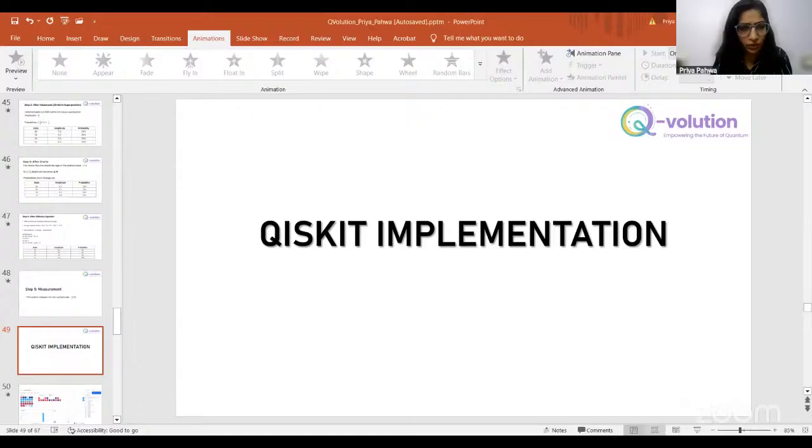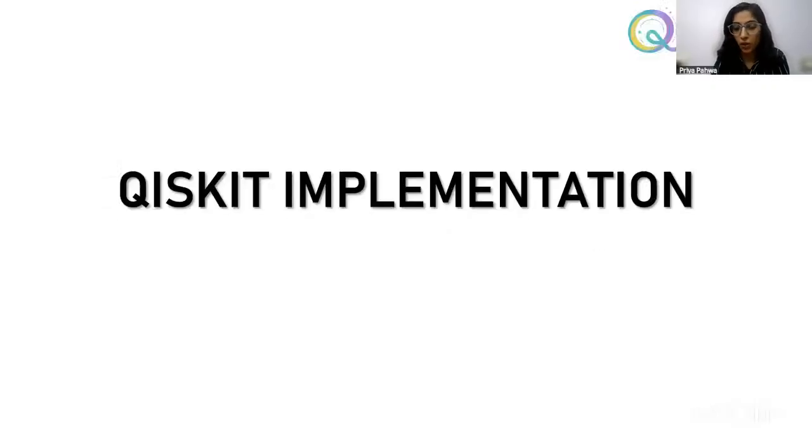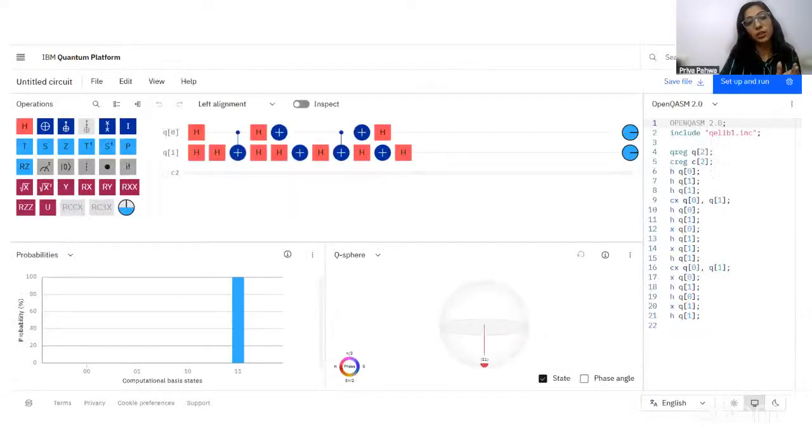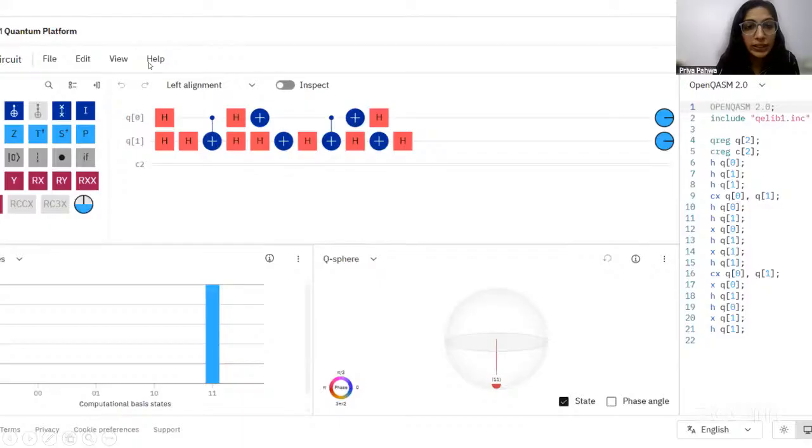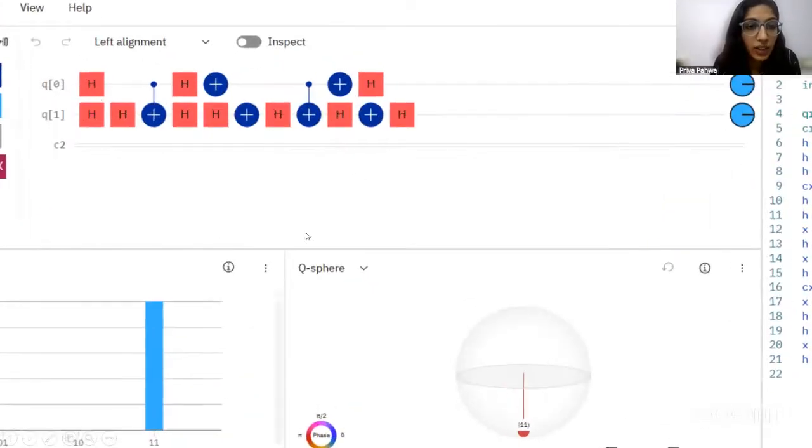I would also give you one snippet of the IBM Quantum Composer platform, because this we have done with the Python library. So we have done it using Python, but you can actually access it on the IBM Quantum platform also. So this is just a snippet of the IBM Quantum platform, and you can see we have done the same thing and we are getting the results over here.